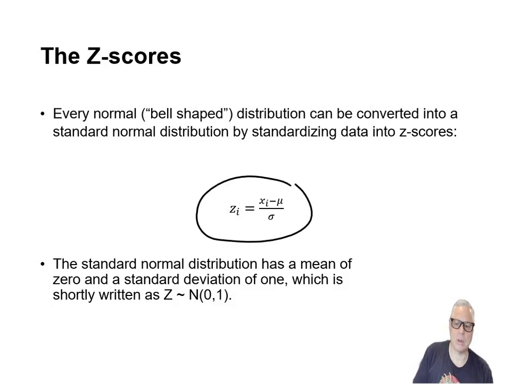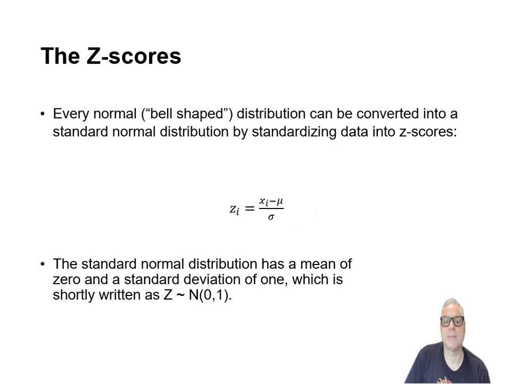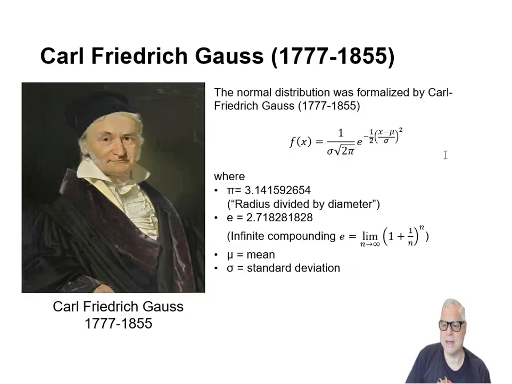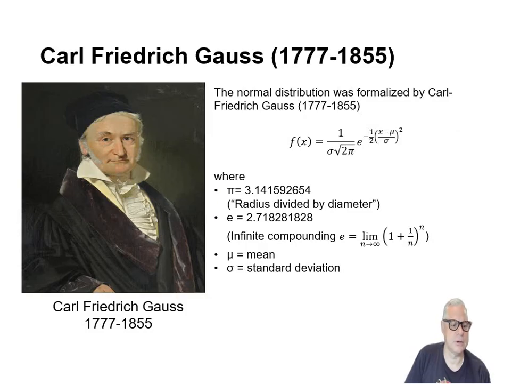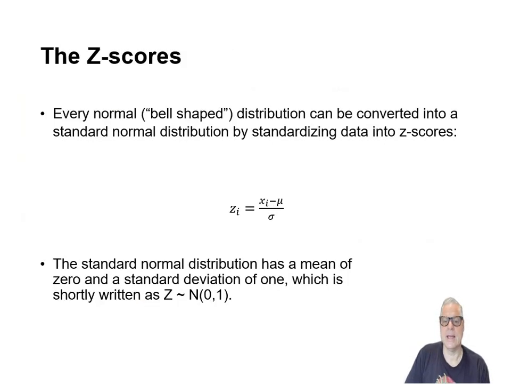And the z-score is this one that you see here. So what we do is we subtract from every observation the mean, and we divide by the standard deviation. And this is also what I showed you earlier. This is something that definitely shows up in the Gaussian formula, and that's a very important concept.